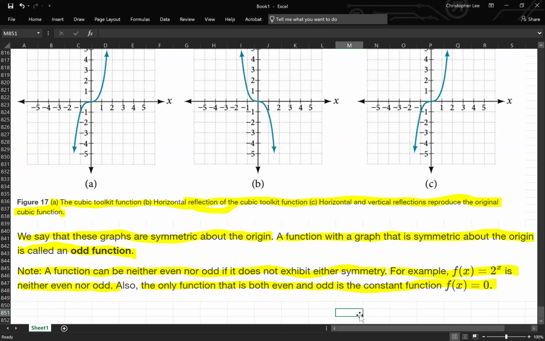Special note: a function can be neither even nor odd if it does not exhibit either symmetry. For example, f of x equals 2 to the x power is neither even nor odd. Also, the only function that is both even and odd at the same time is the constant function f of x equals 0.